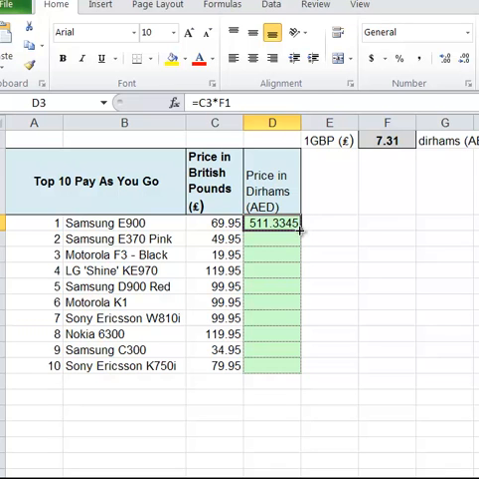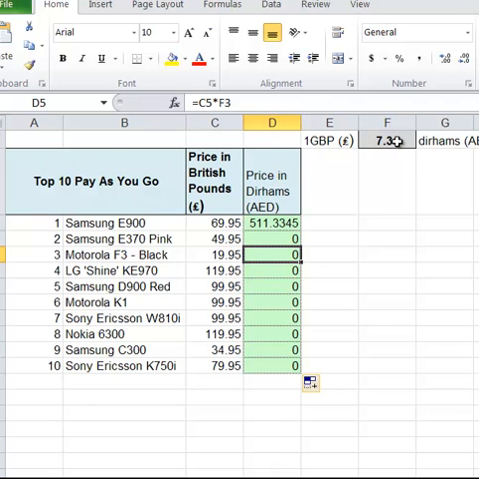If I autofill the data, it keeps on shifting these references: C3 times F1 is the first value. If I click on this cell, this is C4 times F2. If I click on this one, C5 times F3.